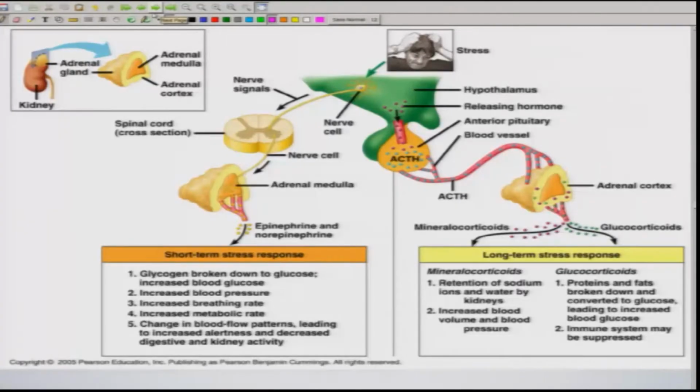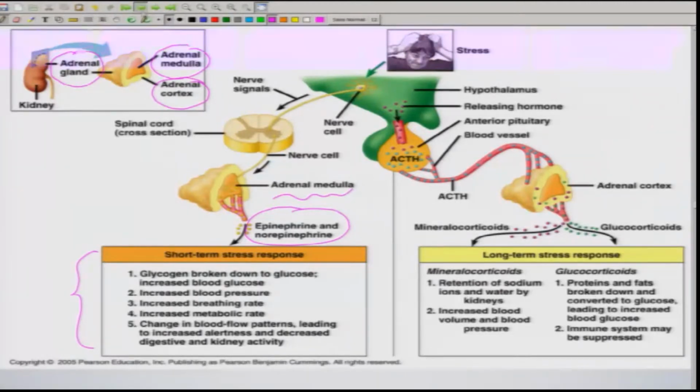So, coming back, again this is where you have the adrenal gland, adrenal medulla, and adrenal cortex. The short term stress response is because of the epinephrine and norepinephrine secreted by the adrenal medulla.